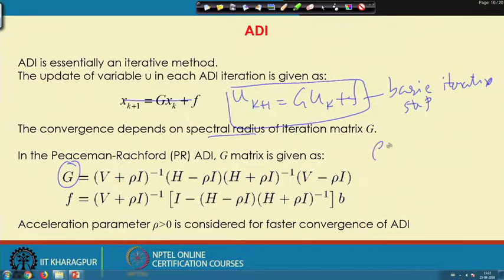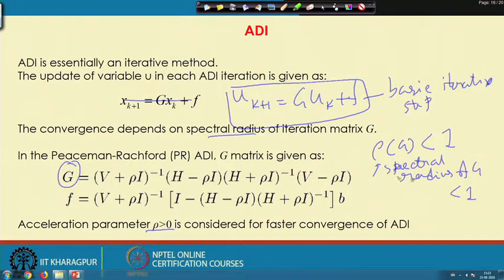So, it is required that the spectral radius of G is less than 1, and the smaller the spectral radius, the faster the convergence. This is a different rho, right? This is the acceleration parameter rho, and this is the spectral radius of G, less than 1. So, as we increase the value of rho, the spectral radius reduces, and we get faster convergence.